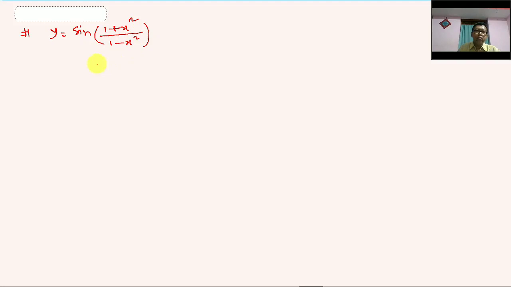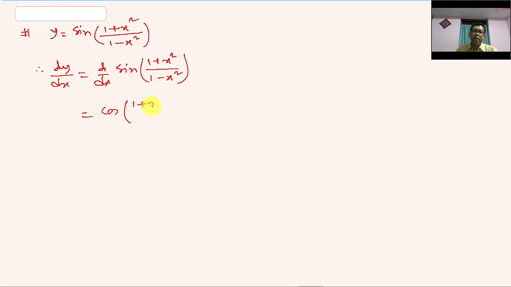Obviously you have to apply the chain rule. So dy/dx, directly I do this one, d/dx of sine of 1 plus x square upon 1 minus x square. So what is the derivative of sine? That is cos, and its angle is 1 plus x square upon 1 minus x square.